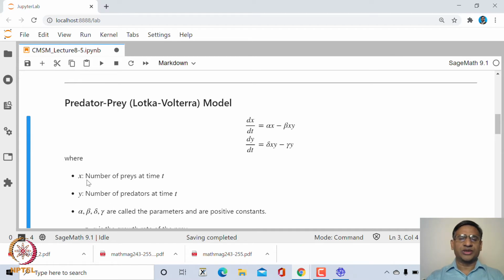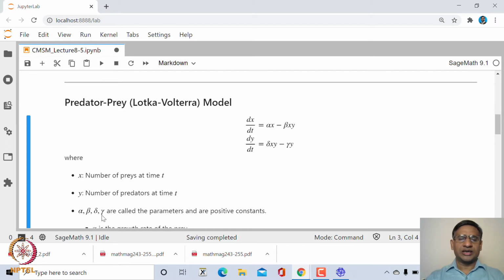For example, you can think of prey as rabbits and predators as foxes. So, this particular system represents the growth of these two species together, namely rabbits and foxes.